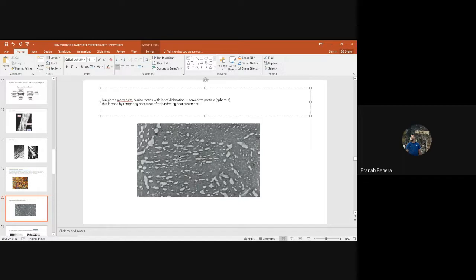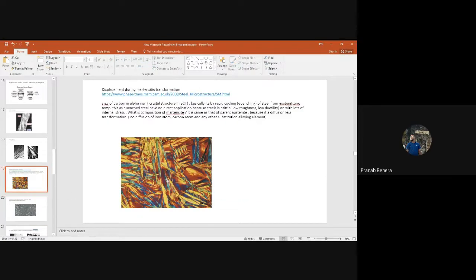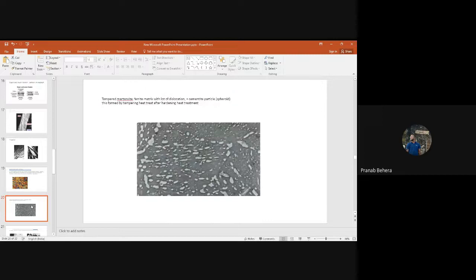Can anybody tell me why this has happened from here to here? That means in this process diffusion has happened or not? Yes. Diffusion has happened. Very good. That's why they are forming spheroids. Particles are coming closer to one another and becoming spheroid shape, right? So diffusion has happened here in this case.